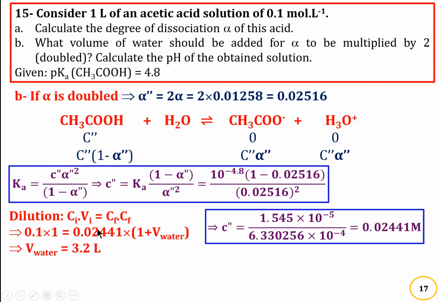So you do the calculation, and you will find that the volume of the water added is equal to 3.2 liters. In this expression, you have to correct: C initial V initial equals C final V final.